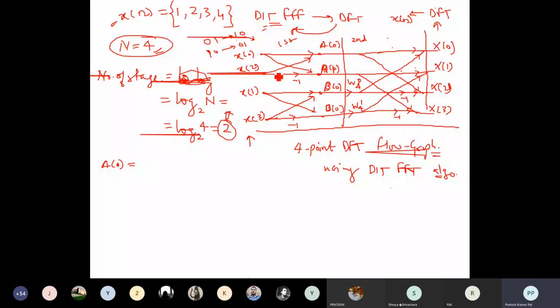So x0 plus x2 is 1 plus 3, which is 4. Then A1 will be equal to x0 minus x of 2. So this is 1 minus 3, which is minus 2.